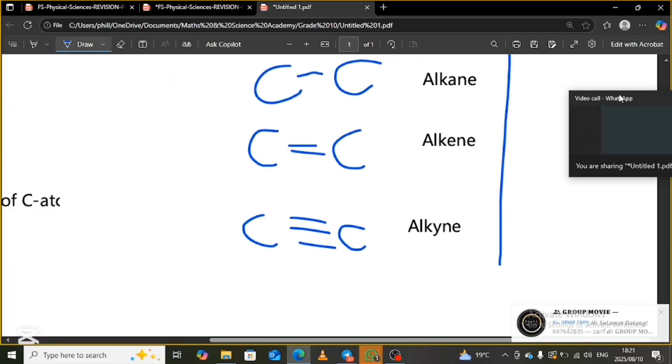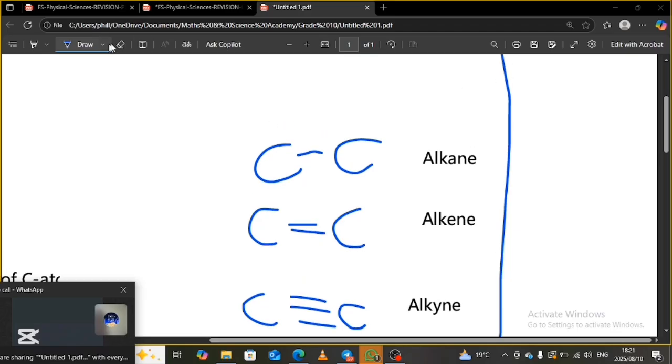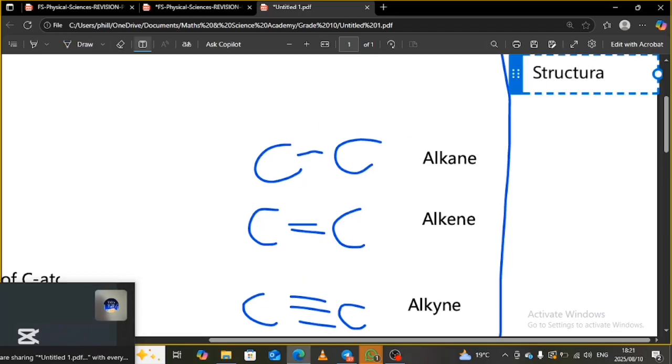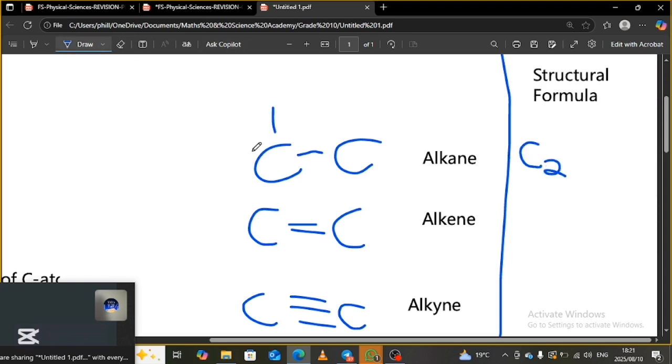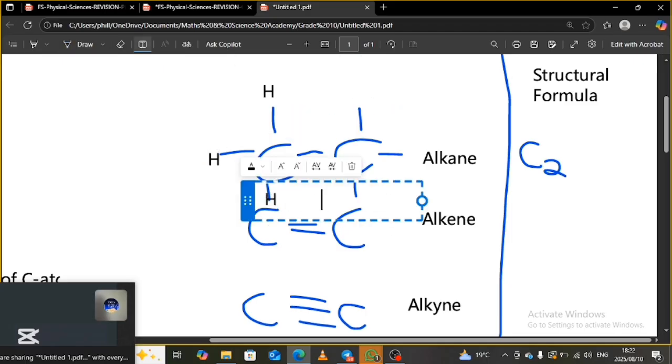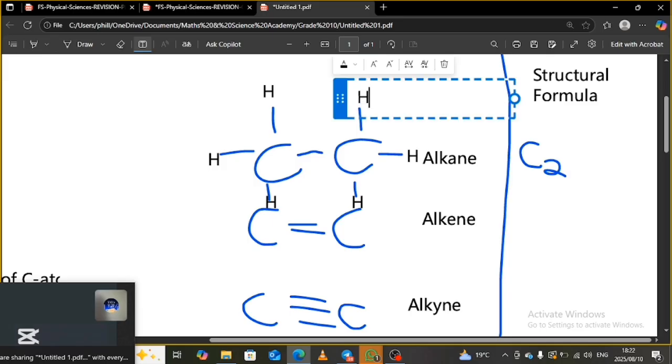Let us take a look at what a structural formula is. Unlike functional groups, structural formulas consist of hydrogen atoms surrounding each carbon. Remember, each carbon has 4 bonds. In this case, each hydrogen will be filled where there is no bond.